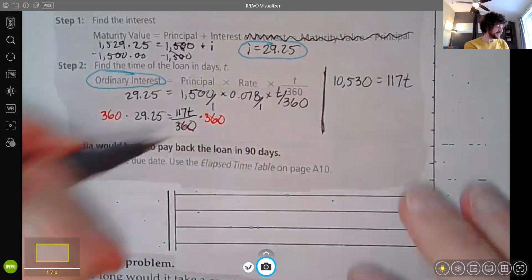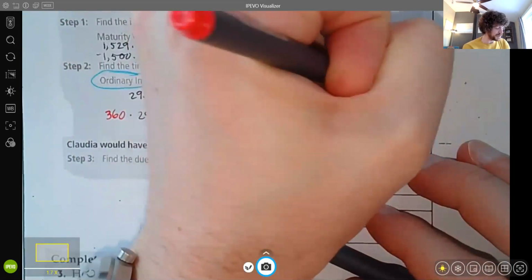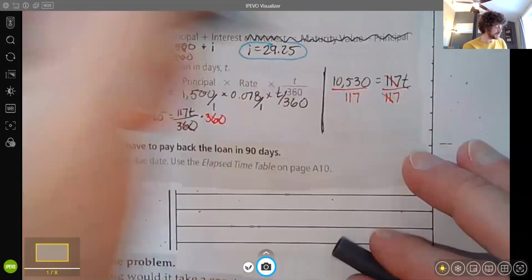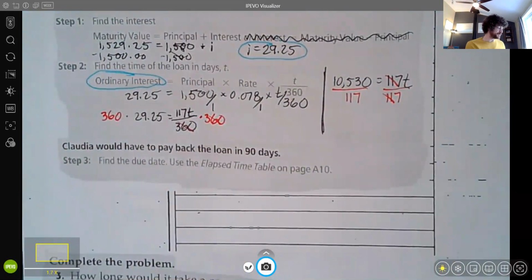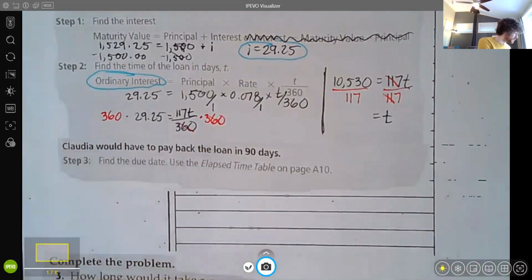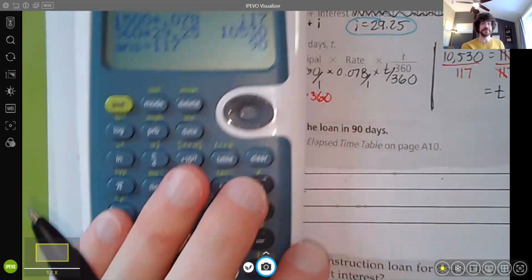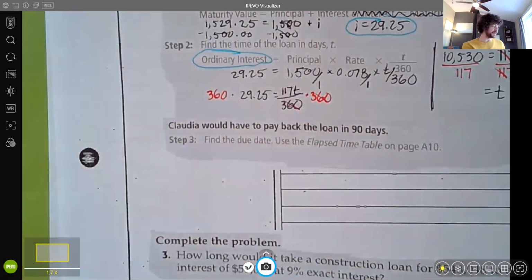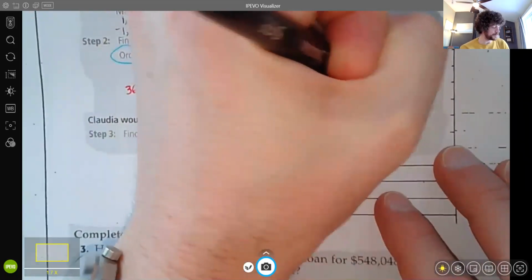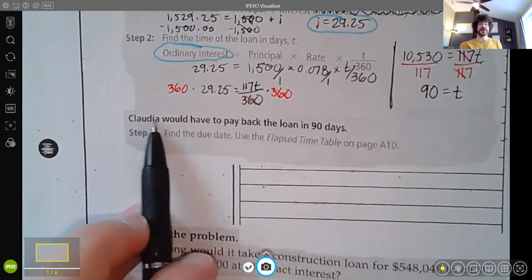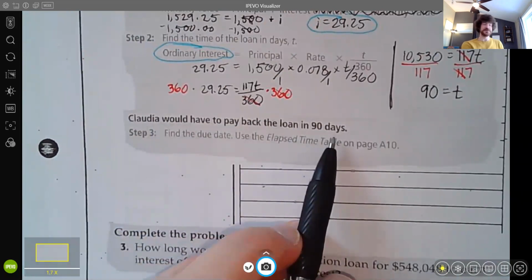And so the last thing we need to do is divide by 117. So T equals exactly 90. 10,530 divided by 117 equals 90, which means, right here, you can see the answer is already written in there. Claudia would have to pay the loan back in 90 days. So it's a 90-day loan.